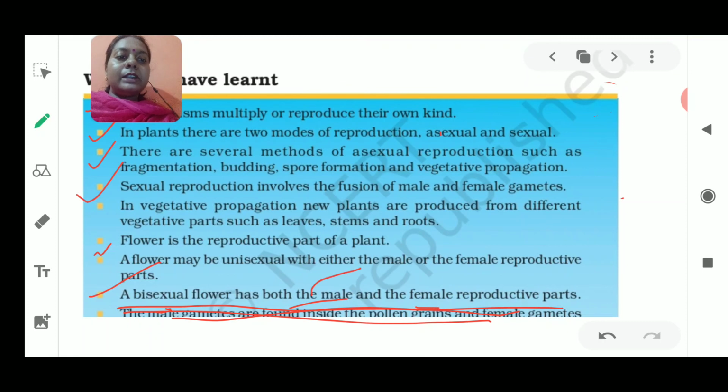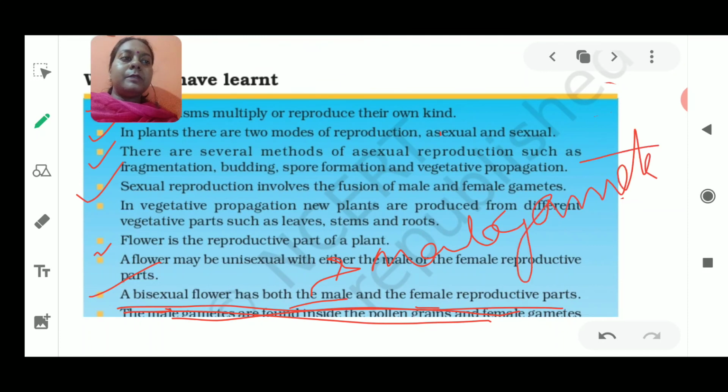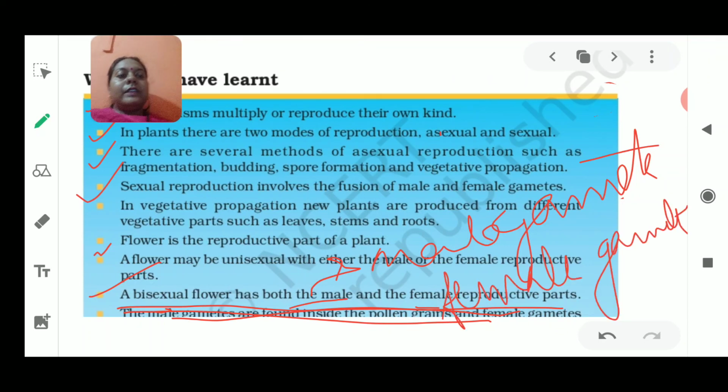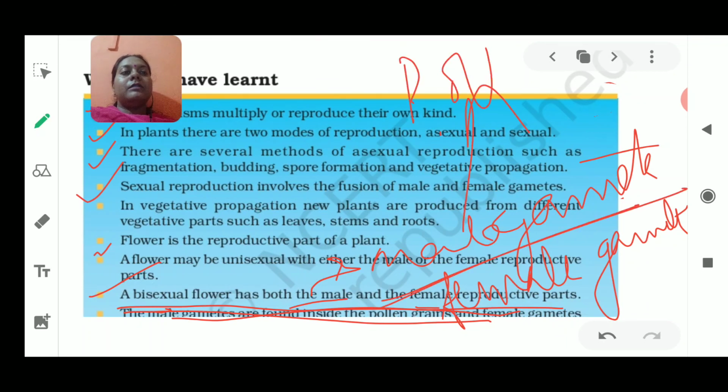One of the parts is responsible for the development of the male gamete, and the other part is responsible for the development of the female gamete. The male gamete is always present inside the pollen grain, and the female gamete is always present in the ovule.